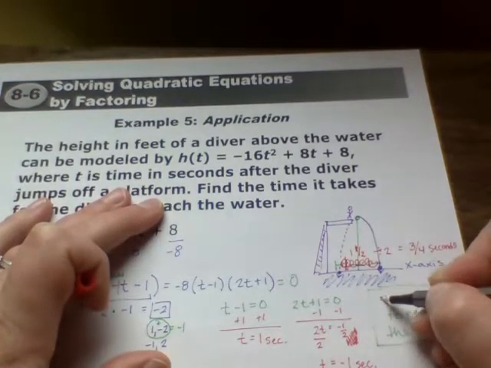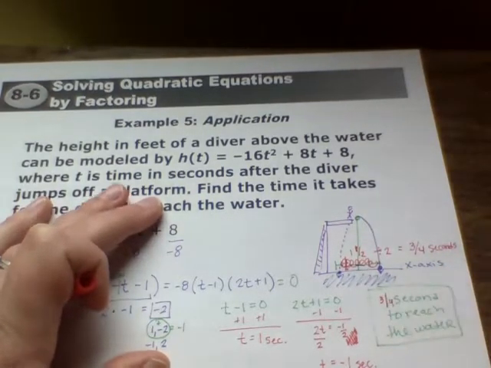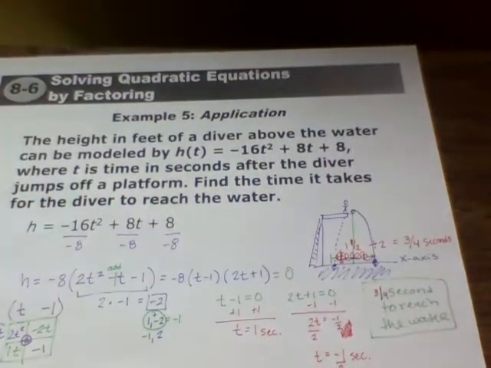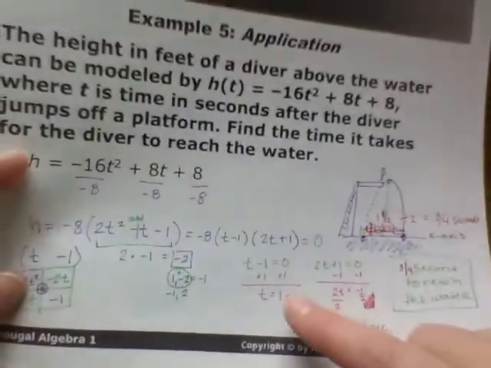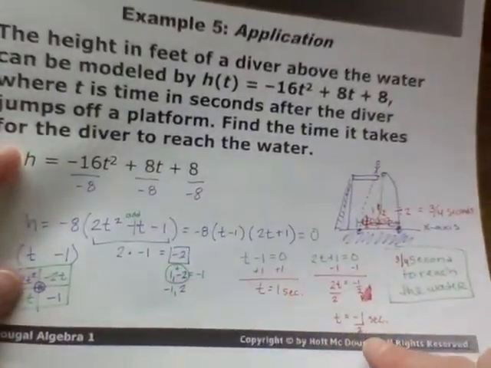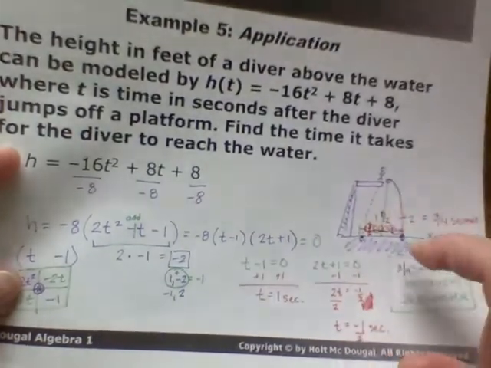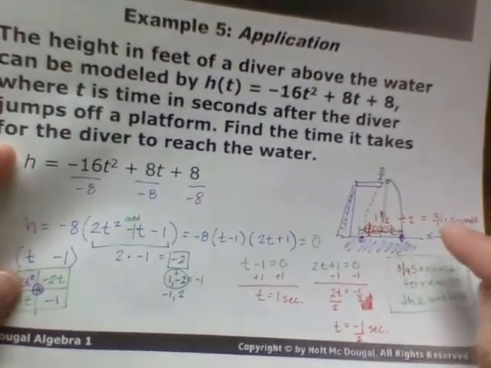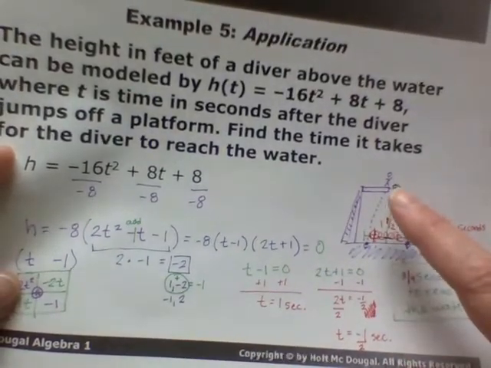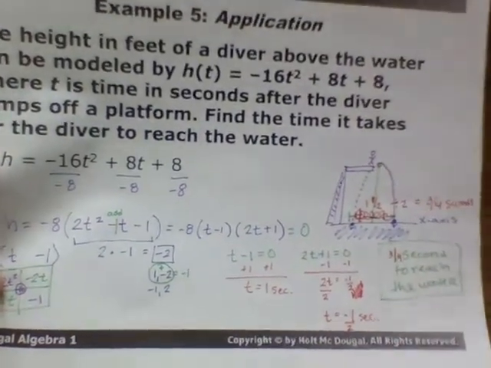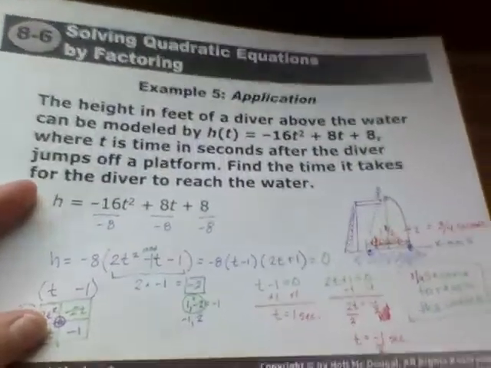So we're going to do 3/4 of a second. Okay. So sorry about that. Apparently I got overzealous and divided by 2 twice here. So you have a distance of 1 second and a half second. And so the distance between them is 1.5 seconds. Divide that in half and you get 3/4 of a second. So either way, from the peak of this parabola all the way down, it's going to take 3/4 of a second to perform that dive.